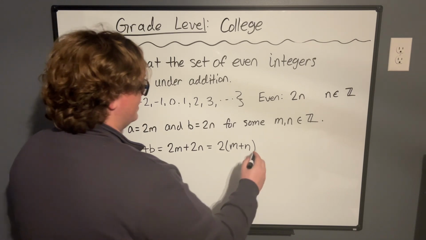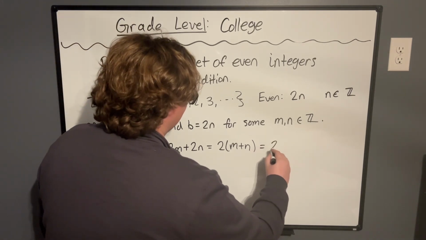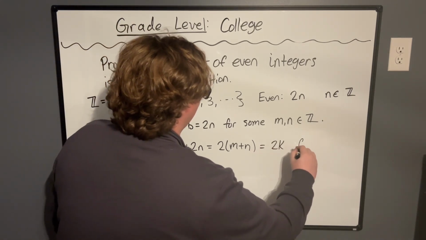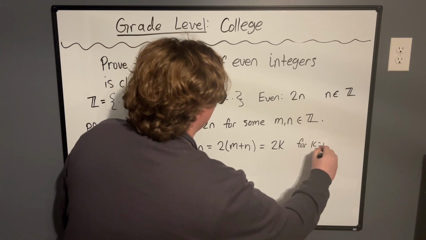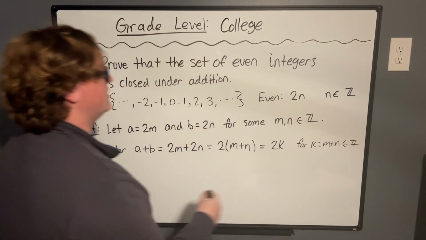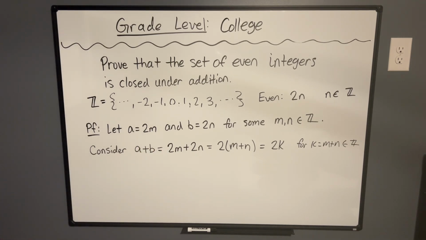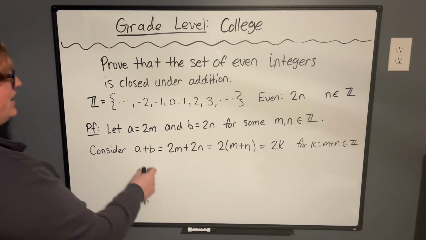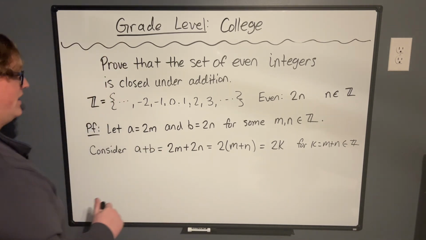So we can call m plus n equal to k as an example. So it's this 2k for k equals m plus n, and that is in the integers. So just to follow that definition a little closer. But we know that a plus b ends up giving us, by definition, an even number.